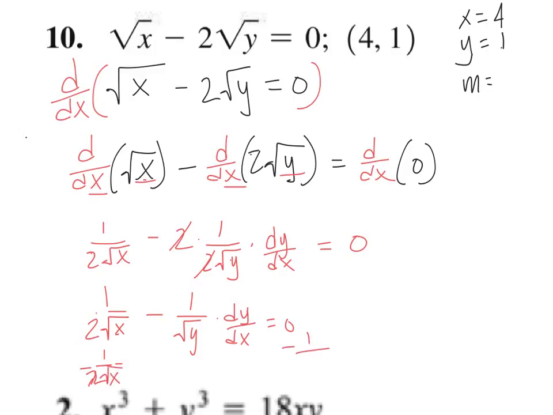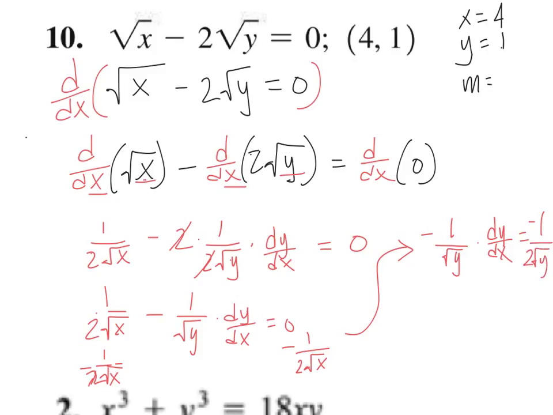So then I get negative 1 over the square root of y times dy dx is equal to negative 1 over 2 times the square root of x.